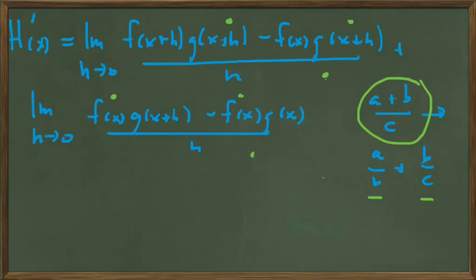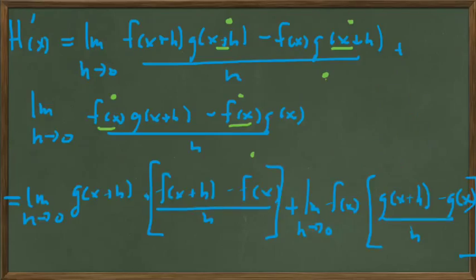So we're going to rewrite these two limit expressions, factoring out the g of x plus h in the first limit, and factoring out the f of x in the second limit. So when we rewrite this limit factoring out the g of x plus h, we write it in this form.